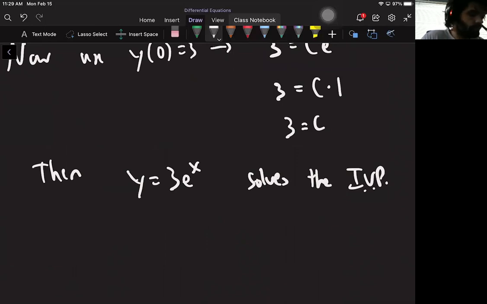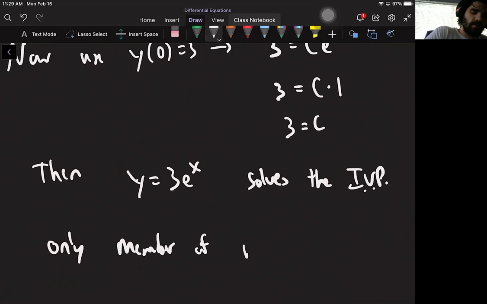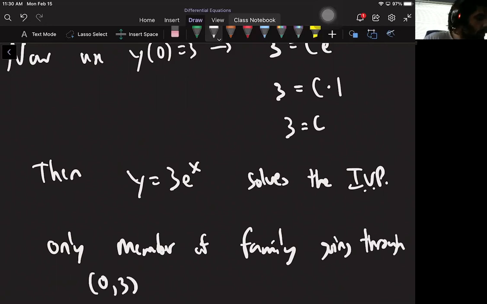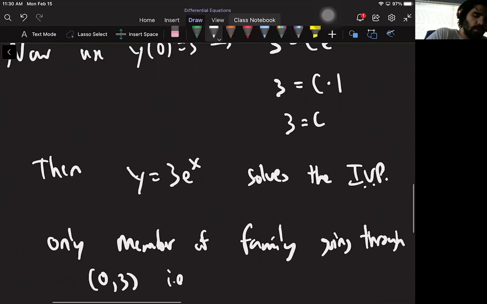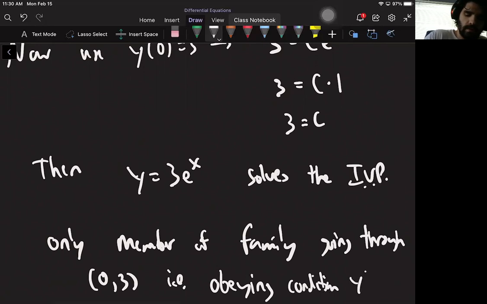It's not so bad. It's the only member of the family of solutions going through (0, 3), i.e., obeying the condition y(0) = 3.